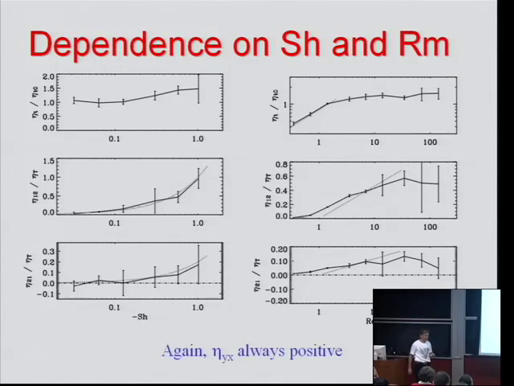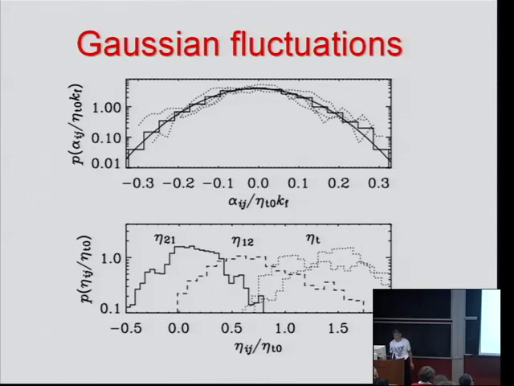In those particular simulations, again, we have verified that the shear current effect, that is the eta-21 component, is positive throughout. There's perhaps a possibility that it may change sign at larger RMs, but there the error bars also become much larger.